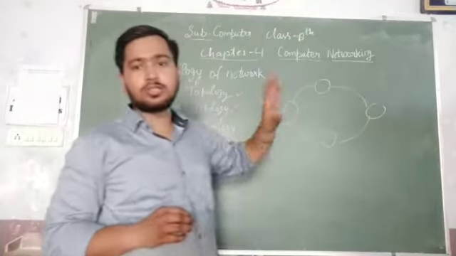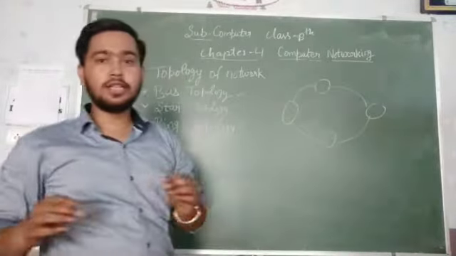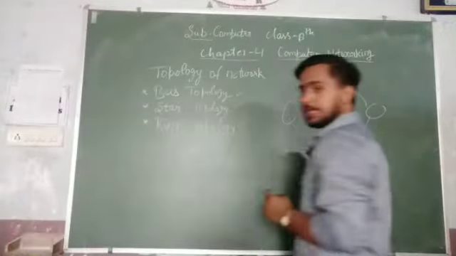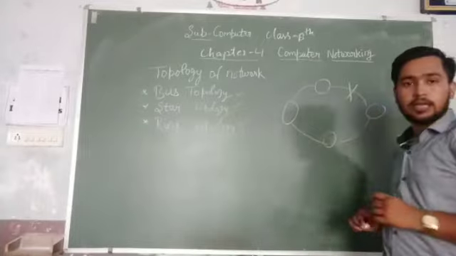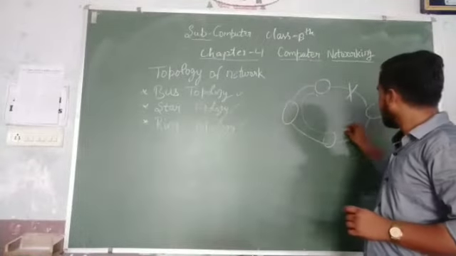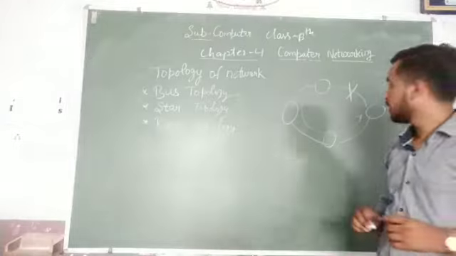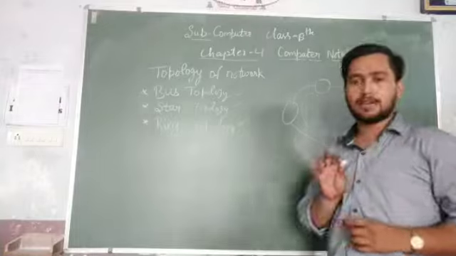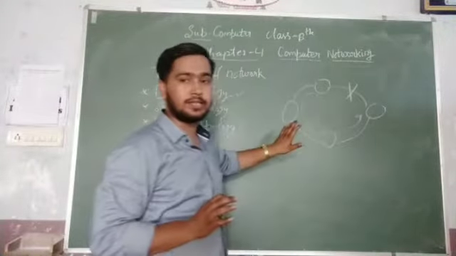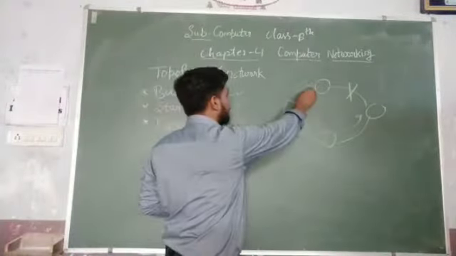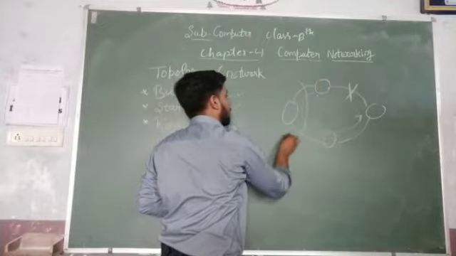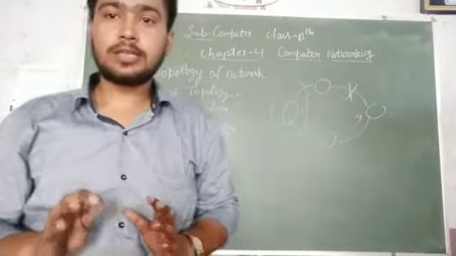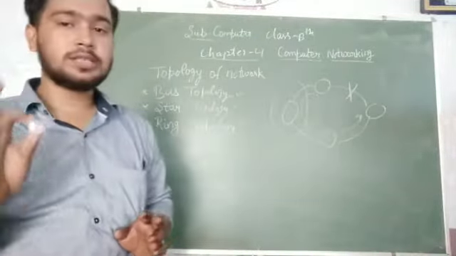That's why this topology is called ring topology. The main advantage is that if any connection line breaks, we can send the data through another connection. The disadvantage is that if any node fails, then one-sided connection will be lost, and the connection will be of single side.